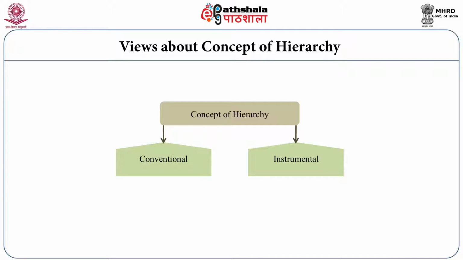Then we look at the alternate view of hierarchy, that is, instrumental hierarchy. If you look at the first view of hierarchy, you see that the superior and subordinates have an unequal relationship. There is a scope for delay. There is a scope for bossism if you go by the conventional view of hierarchy.